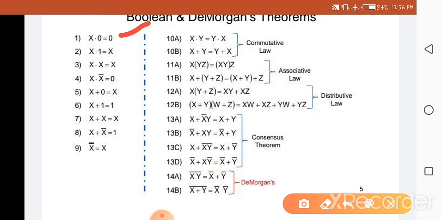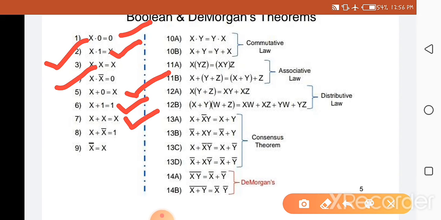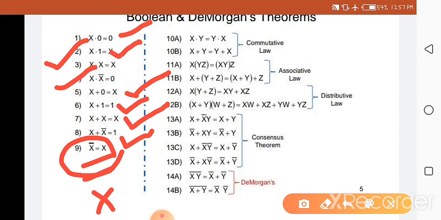That is, x dot 0 is equal to 0, x dot 1 is equal to x, x dot x is equal to x, x dot x bar is equal to 0, x plus 0 is equal to x, x plus 1 is equal to 1, x plus x is equal to x, x plus x bar is equal to 1, and the last and most important theorem is that x double bar is always equal to x.